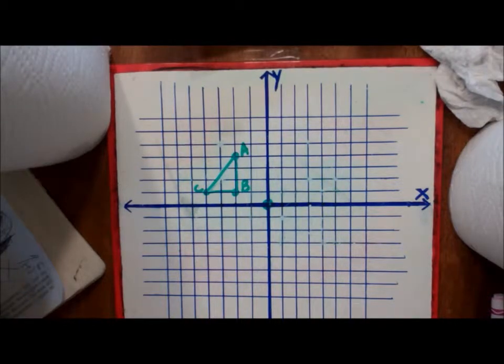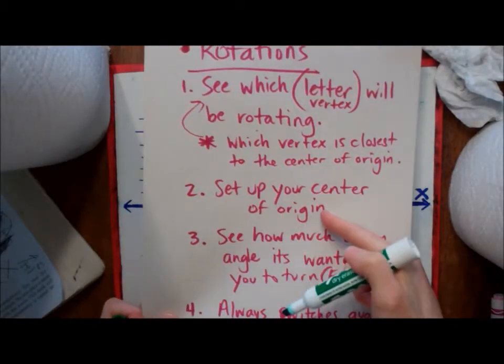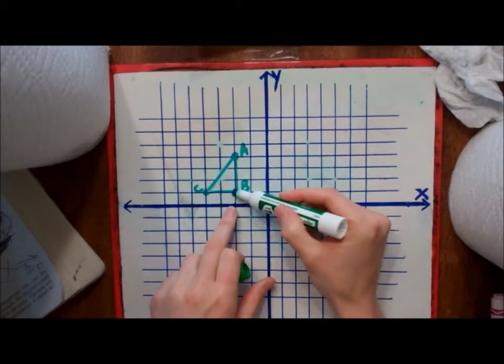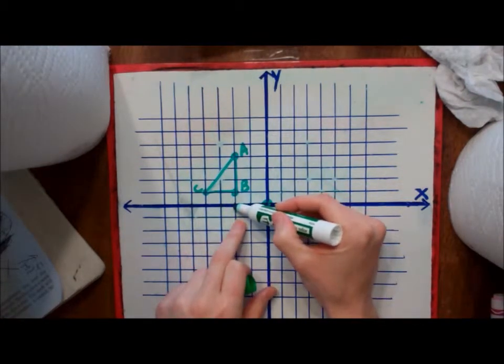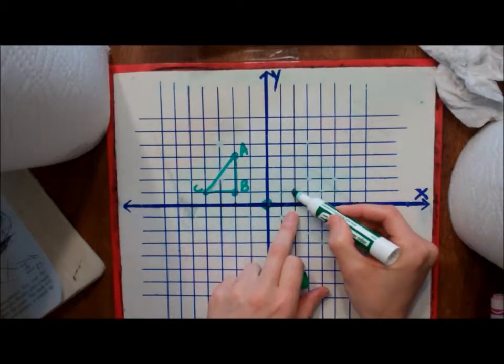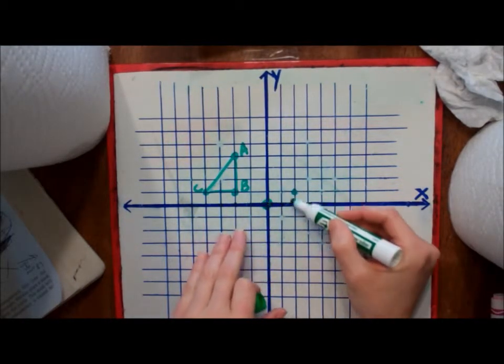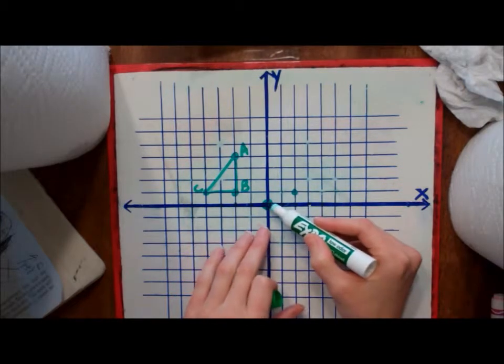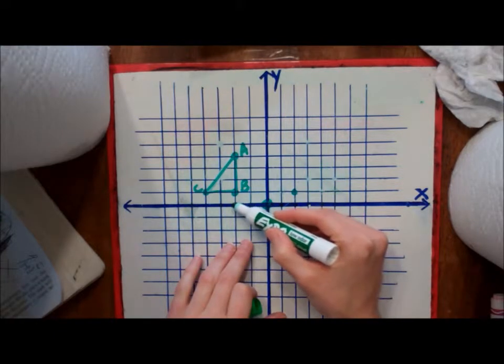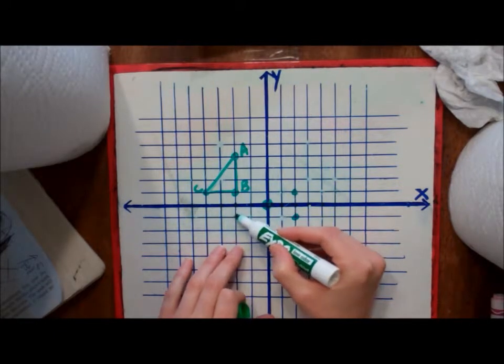So we need to, step 2, go on and set up our center of origin. Remember how to do that: right now B is 1, 2, negative 2, 1. Over here we're going to go 1, 2, 1. Let's go on and set it all the way around. Then it would be 1, 2, negative 1, and then 1, negative 1, negative 2, negative 1.